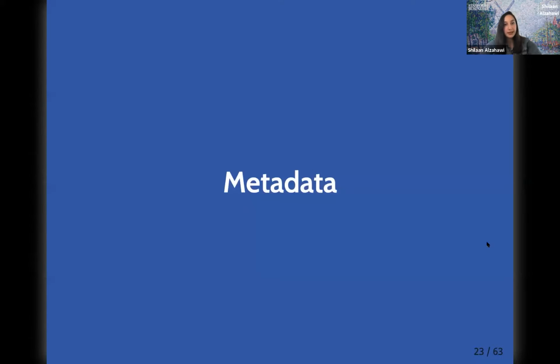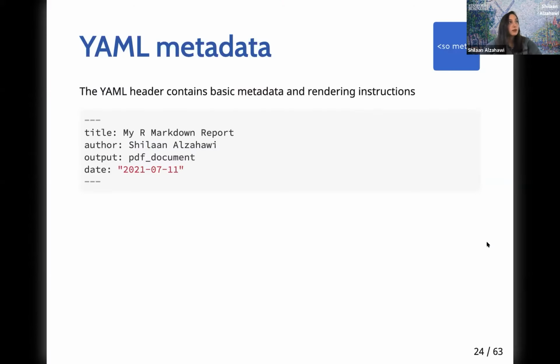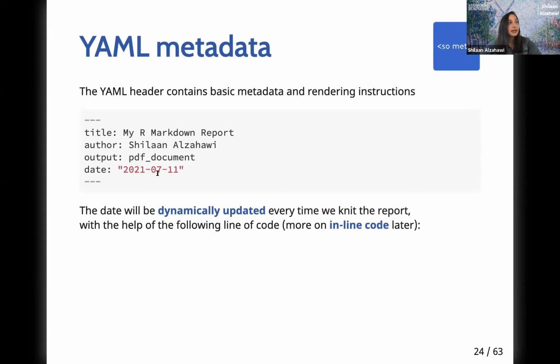First, the metadata. We have a header, which is called the YAML header, and that contains basic metadata and rendering instructions. Here you see the title, the author, the output, and the date. The interesting thing here is that I did not write this date manually. I wrote it with a line of code.